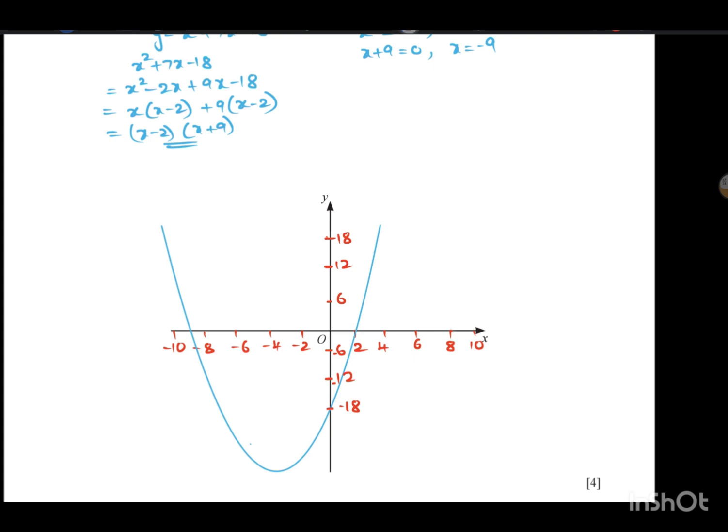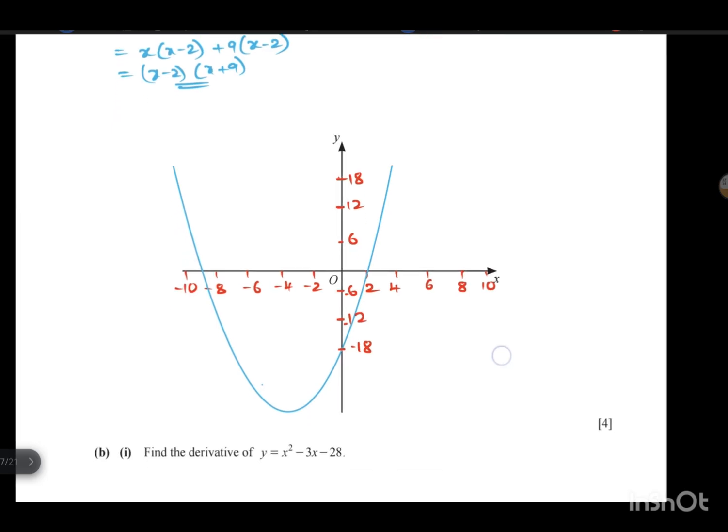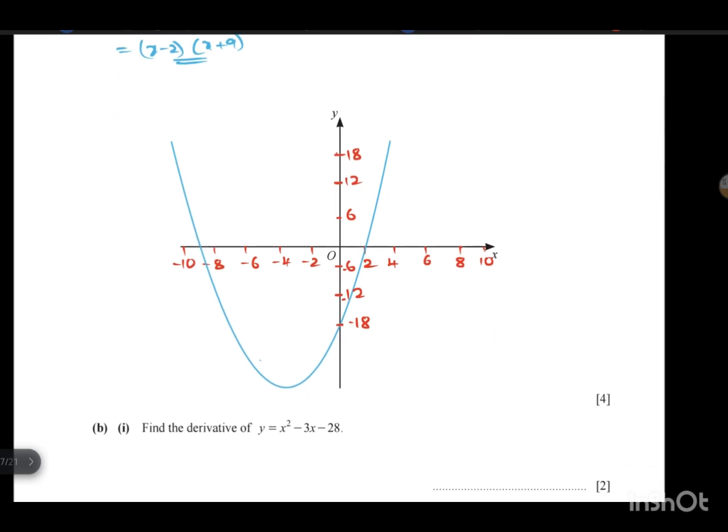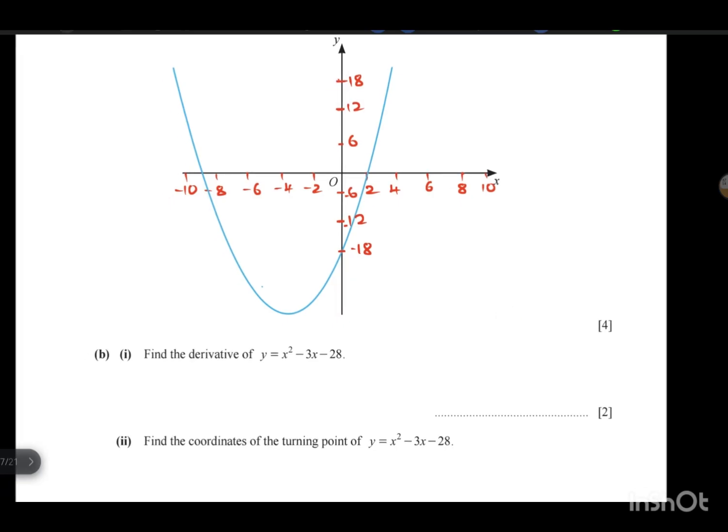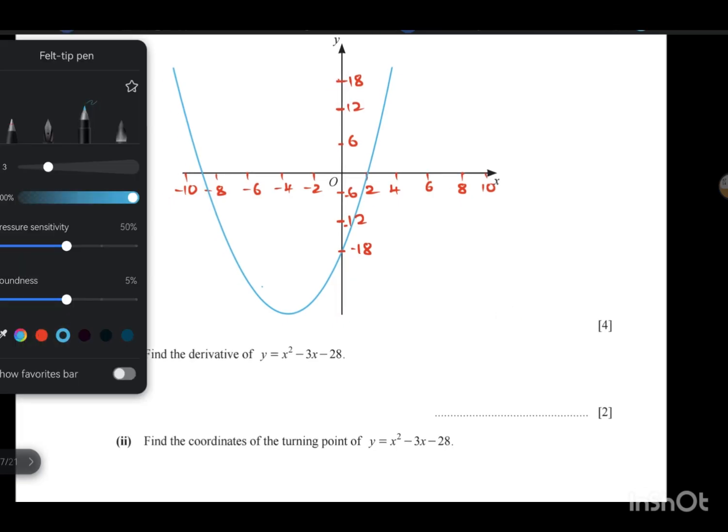Then next question B, find the derivative of y is equal to x square minus 3x minus 28. So we have to find the derivative. For the derivative you have to follow the rule of derivative.